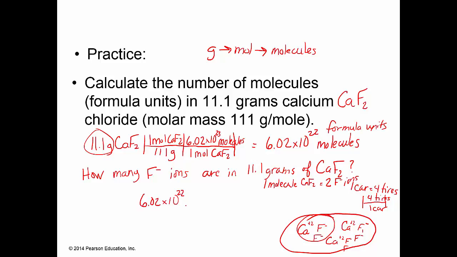And again, if this was all one question, we would just add one more track. And you say you have that many molecules. And I know then for every one molecule of calcium fluoride, there are 2 fluoride ions. So you're just going to take this number and multiply it by 2. Again, no calculator. You can do this without a calculator.